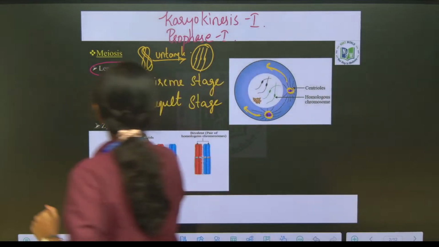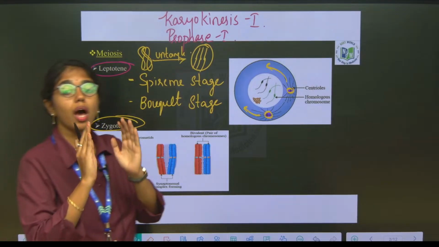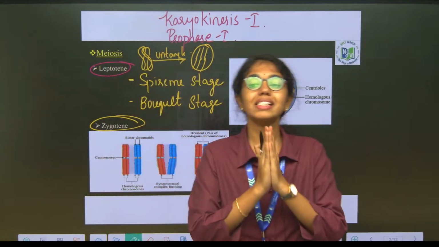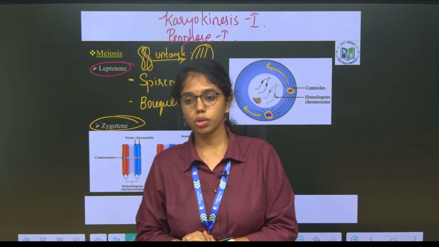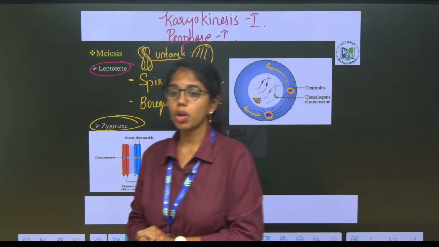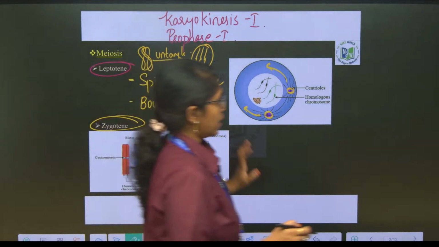And then is zygotene. In zygotene, homologous chromosomes will form a synaptonemal complex. First of all, you should know what homologous chromosomes are. Any idea what a homologous chromosome is? See, look at it.